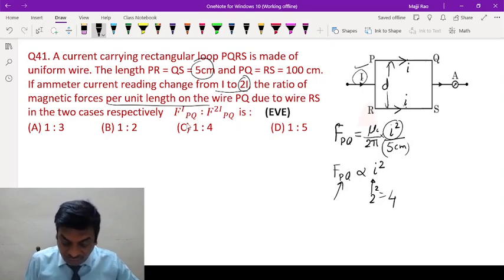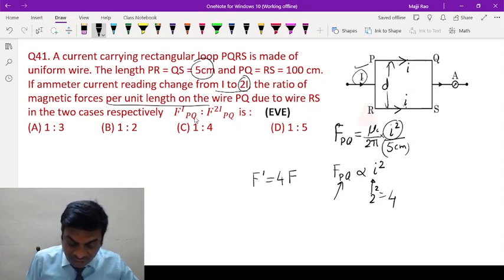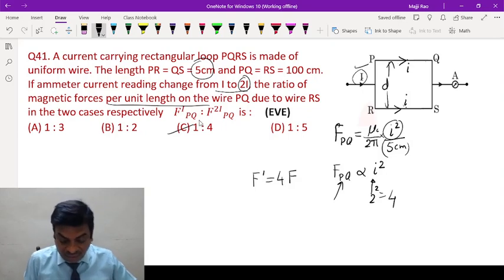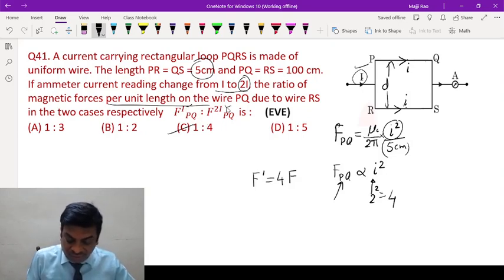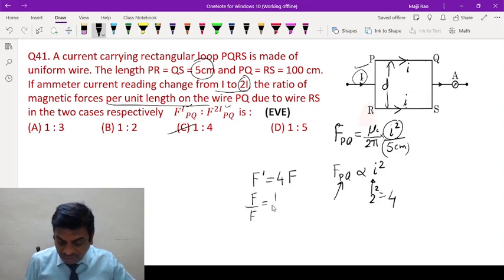In other words, the new force will be 4 times the original force. So initial to final we have to find, just the reverse of that. Initial force to final force means this will be 1 by 4. I hope that is clear.